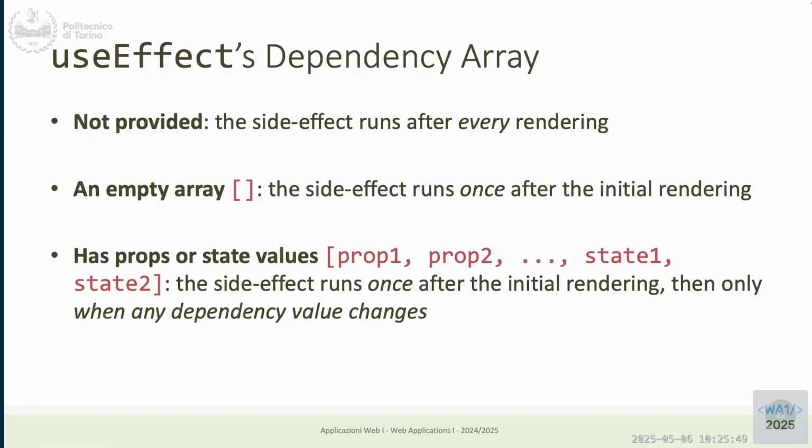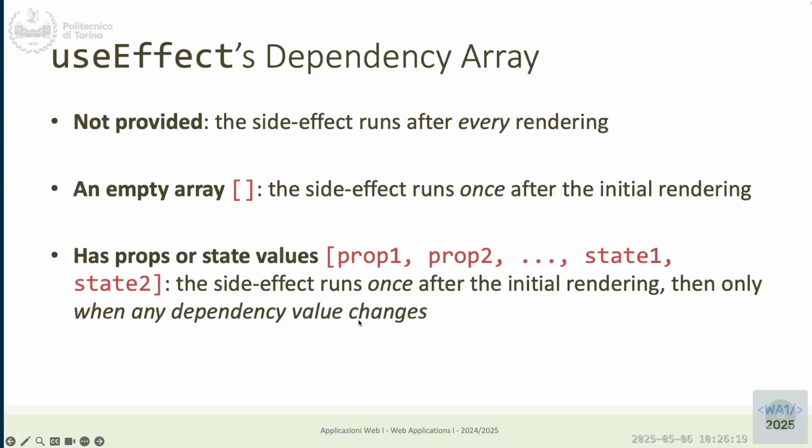The hook will only run once, at the first render, at the mounting time. So when I mount the component for the first time, I'm scheduling the running of this hook, and then even if something changes, the hook will not be run again until the component is unmounted and mounted again, of course, because there will be a new instance. So at every render, or only after the first render.